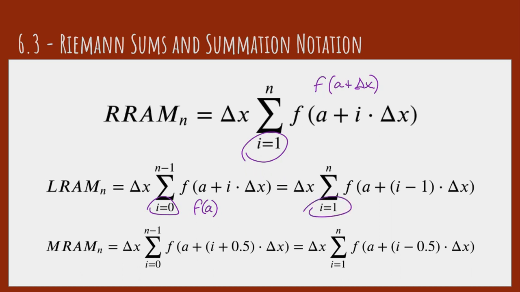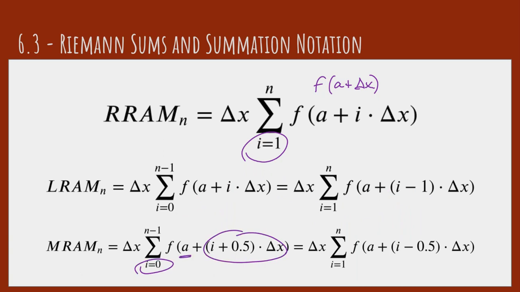If i is 1, essentially what I did here is I replaced the i here with i minus 1. So when i is 1, this just becomes a 0, and we end up with the same thing here. The first height is going to be f of a. If you look at the MRAM formula that I've got here, when i starts out at 0, we're going to start by adding half of delta x.